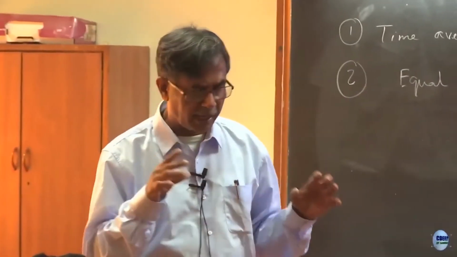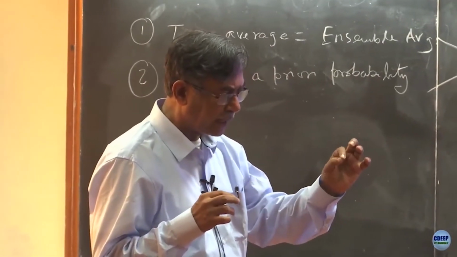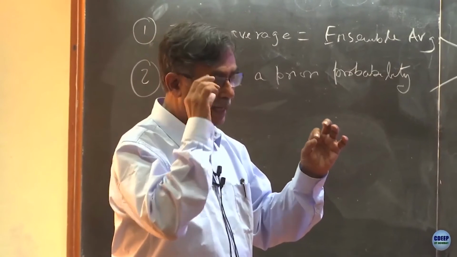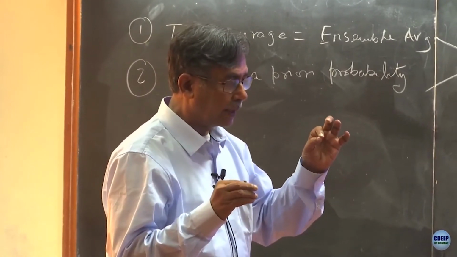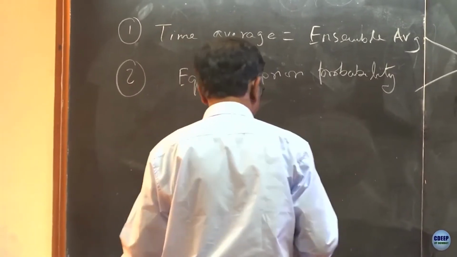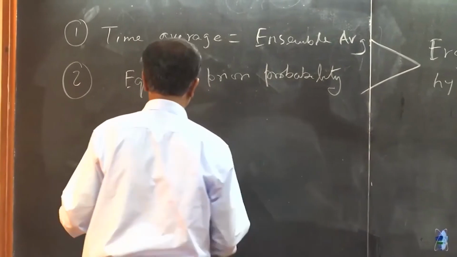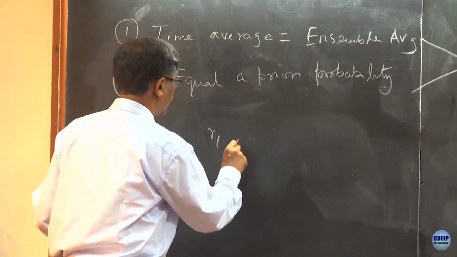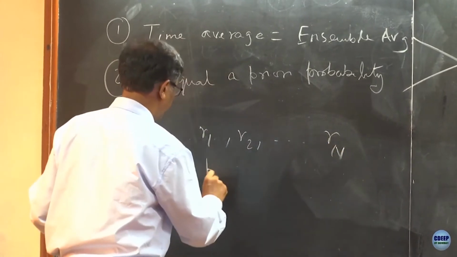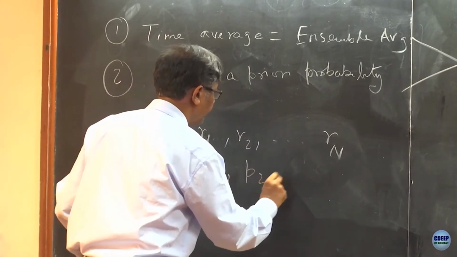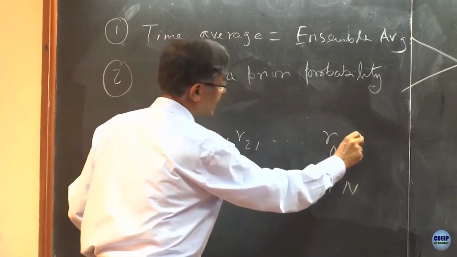So if I think of the microscopic state of these 10 glasses, a microscopic state is defined by giving the position and momentum of each particle. So I have n particles, then I give you R1, R2, Rn, and P1, P2, Pn, which together determine my microscopic state of the system.